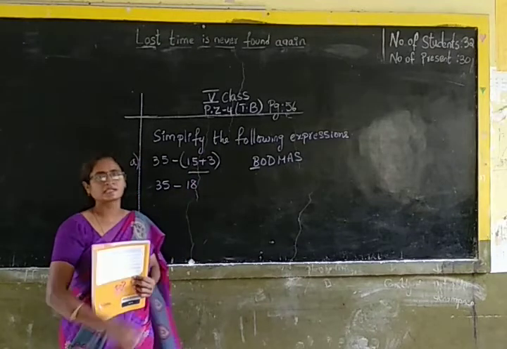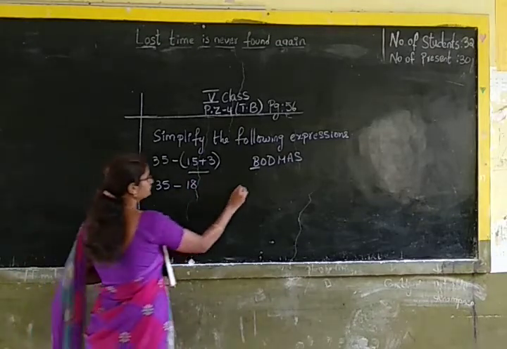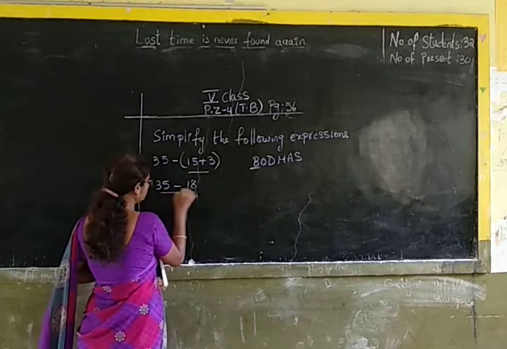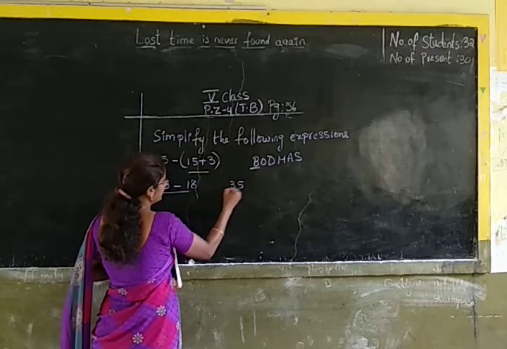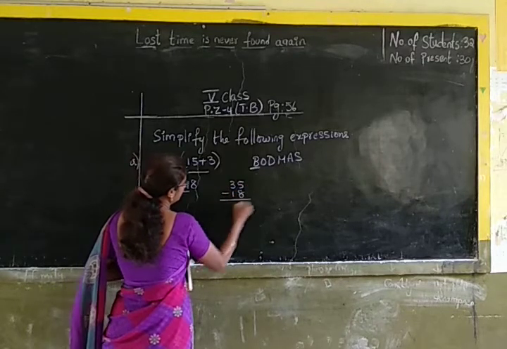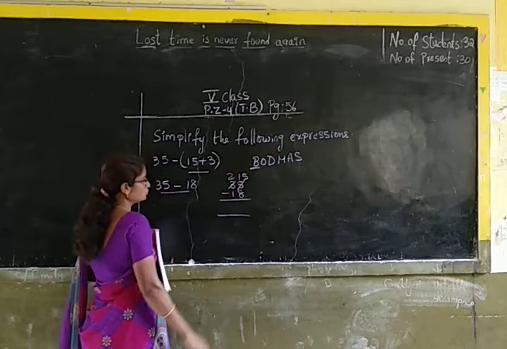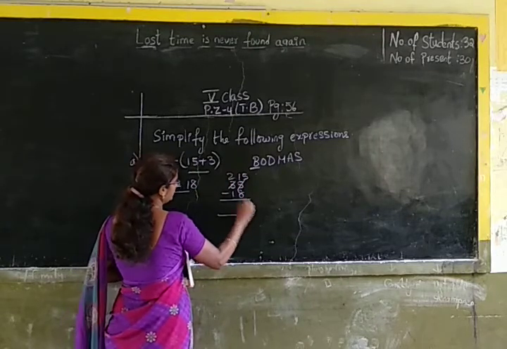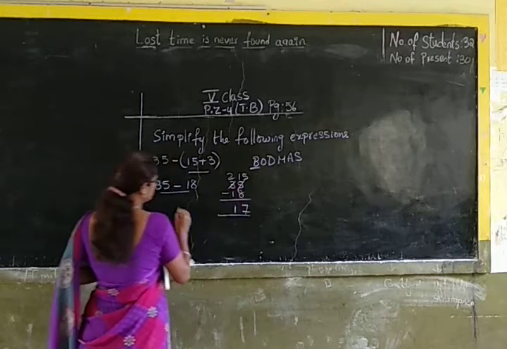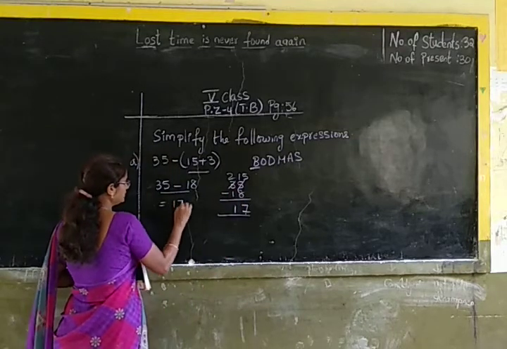Now we have to subtract 18 from 35. So the answer is 17.